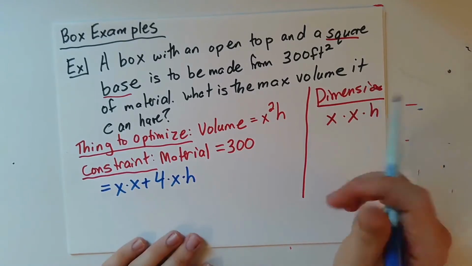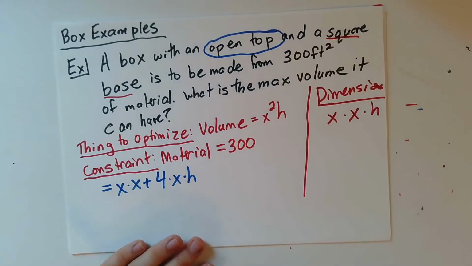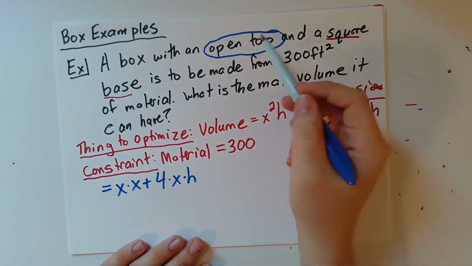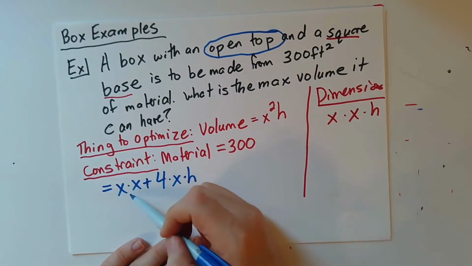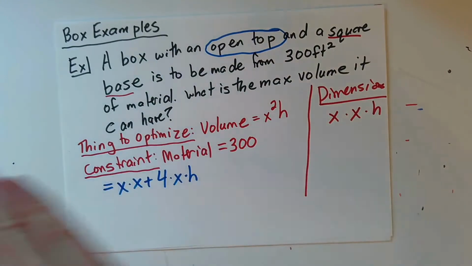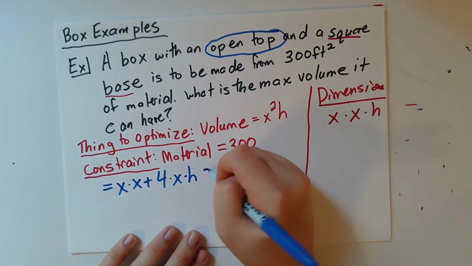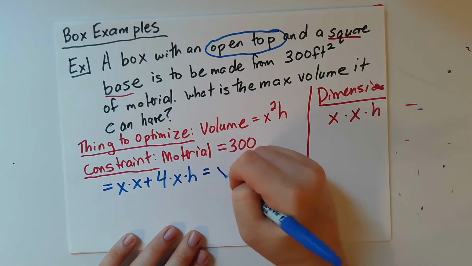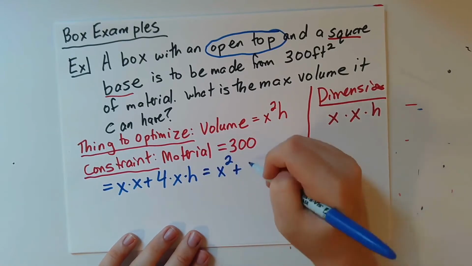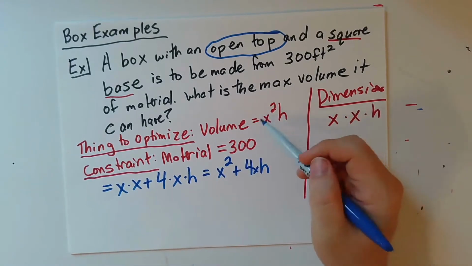Now, notice here is where we use the fact that the box is open top. Because the box has an open top, I only have one x by x face of the box. The top of the box that's open would also be x by x, but we don't need any material to make that. So my constraint here is that 300 is x squared plus 4xh. And then my volume is x squared h.